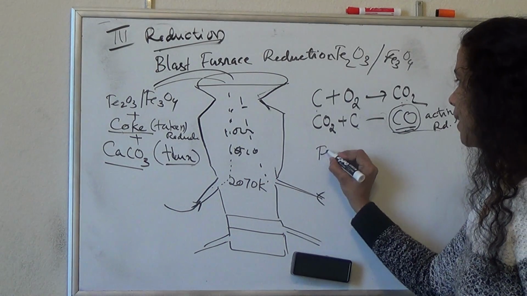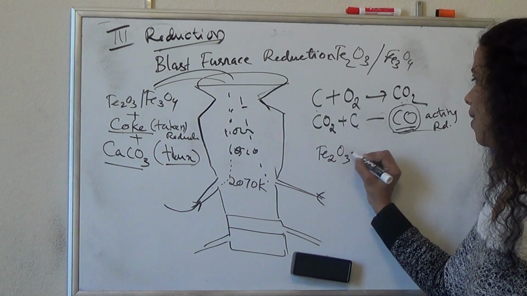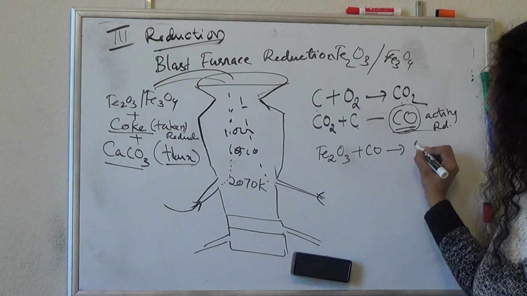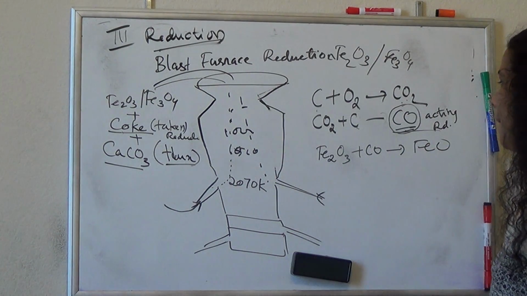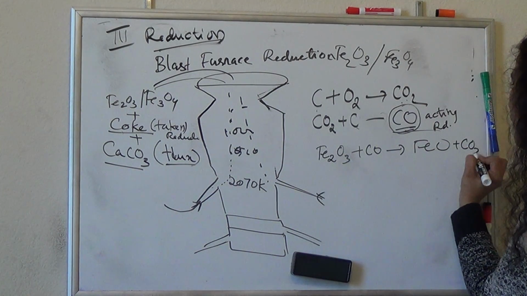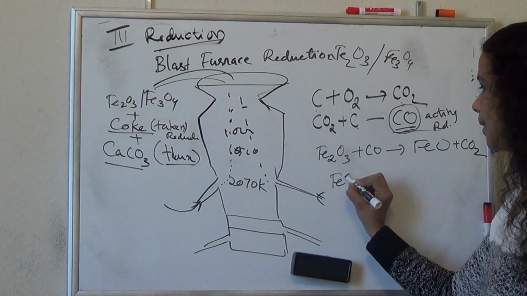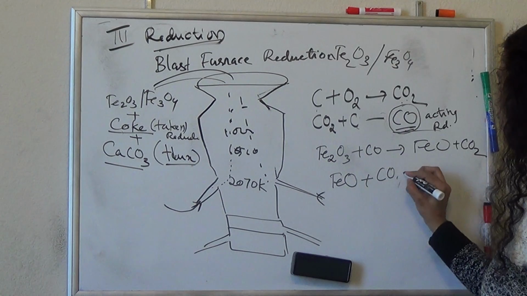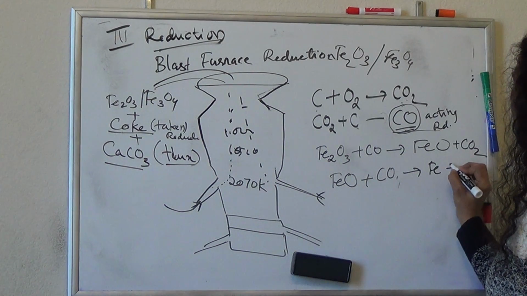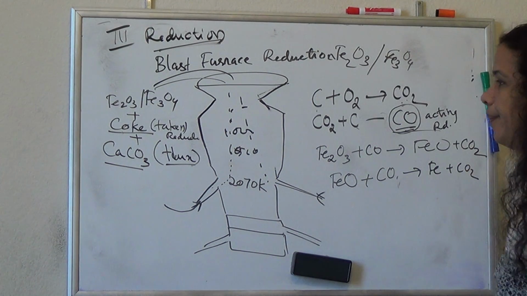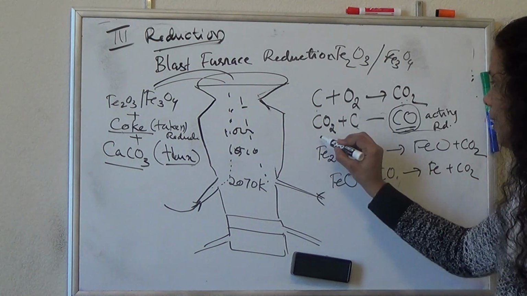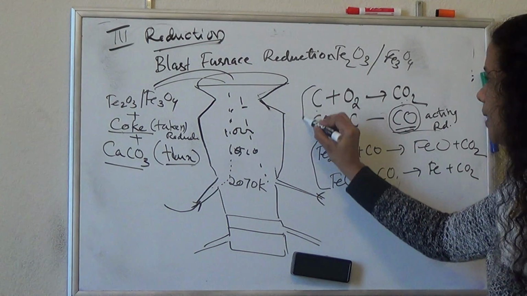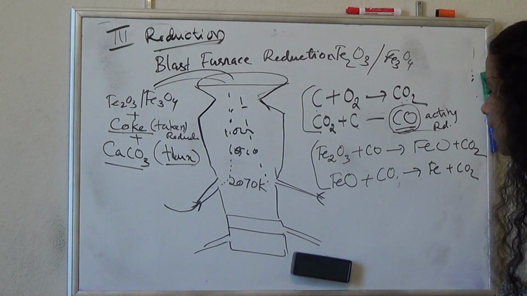Then the hematite or magnetite first reduces to iron oxide and carbon dioxide. In the second step, this iron oxide combines with carbon monoxide and forms iron and carbon dioxide. This is the reduction, and this is the formation of the reducing agent.